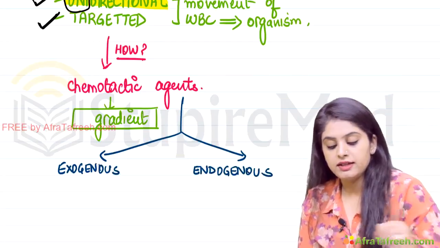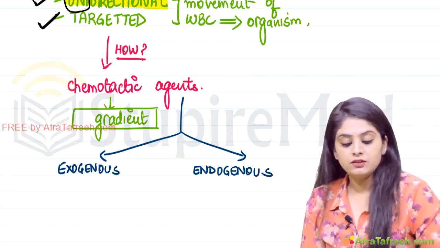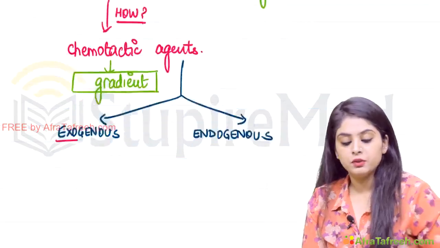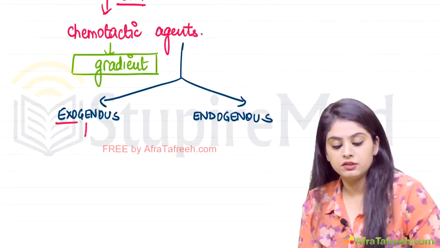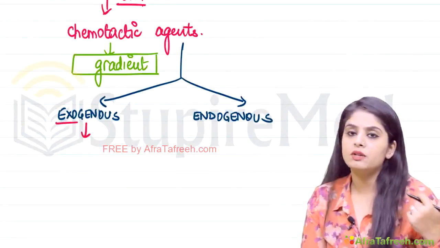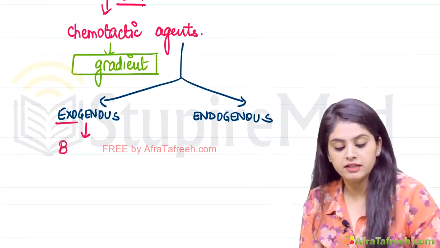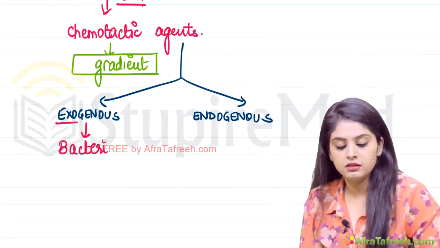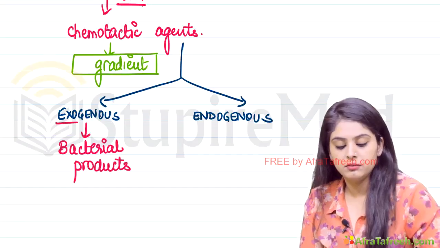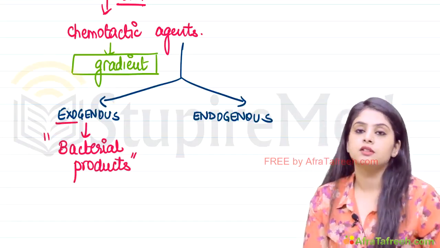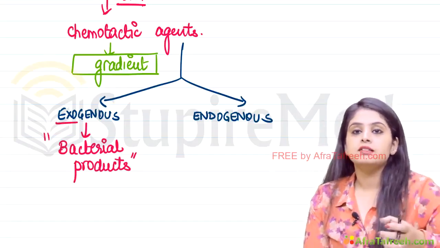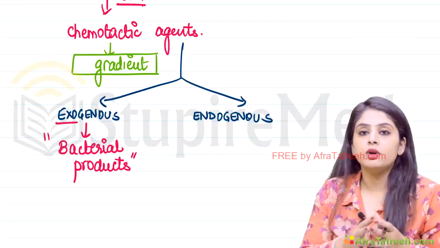Exogenous and endogenous. Exo means something from outside. So for exogenous chemotactic agents, an easy list because we have only one example to remember, thankfully, that is bacterial products. The bacteria that enters the body disintegrates into products.